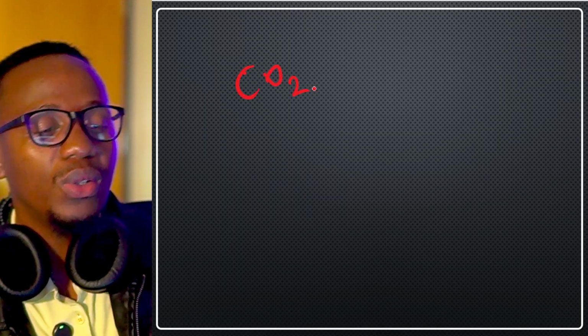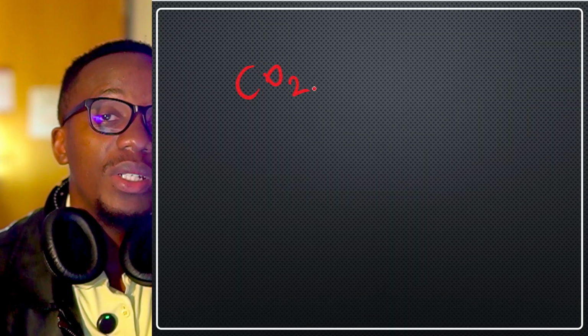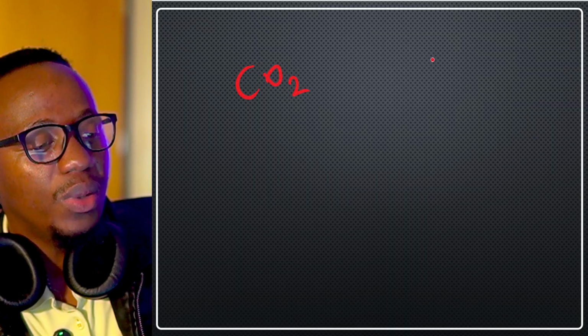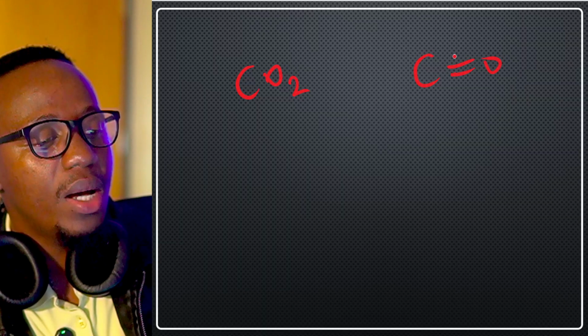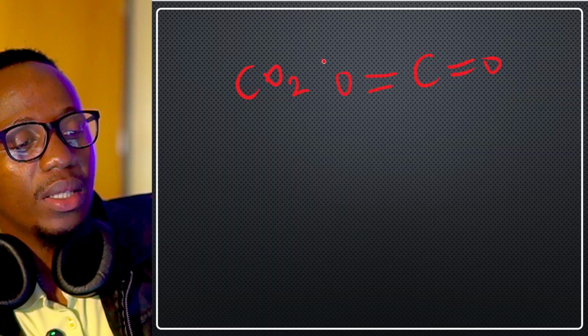So I can ask you, what's the hybridization level of, for example, CO2, right? CO2. What's the hybridization level? The way you're going to do it is, okay, if you remember, we drew CO2 like this, right?